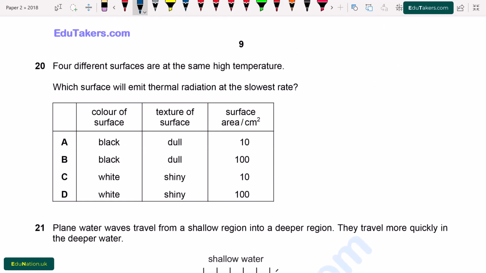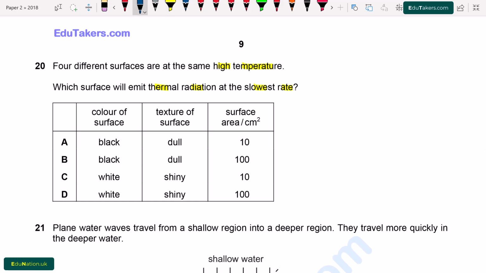Question number 20. Four different surfaces are at the same high temperature. Which surface will emit thermal radiation at the slowest rate? So here is the emission of thermal radiation at the slowest rate.